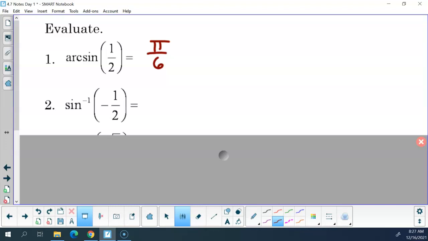Negative 1/2 pi and positive 1/2 pi. 11 pi over 6 is bigger than 1/2 pi.